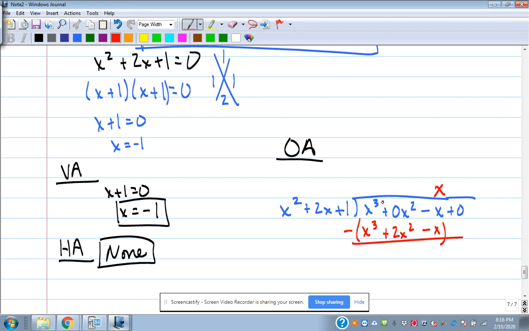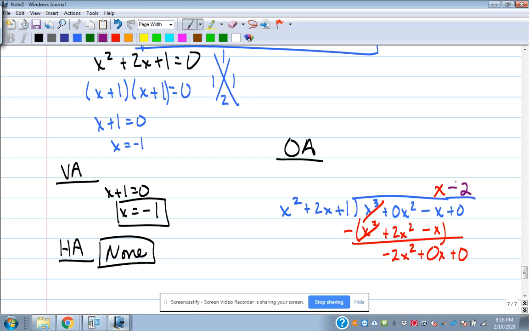Subtract. Those go away, and there is a negative 2x squared, and then 0x, because negative x minus negative x is 0x. And then what times x squared will get me negative 2x squared?